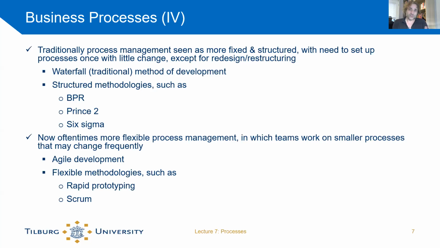You can do that in a structured way, which are the waterfall or traditional methods of development, or methodologies such as business process reengineering. Or you can do that in a more flexible way, which is called agile development, for which you use tools like Scrum or rapid prototyping. So now you know basically the hierarchy and where all these terms come from and how they fit into an organization as a whole.